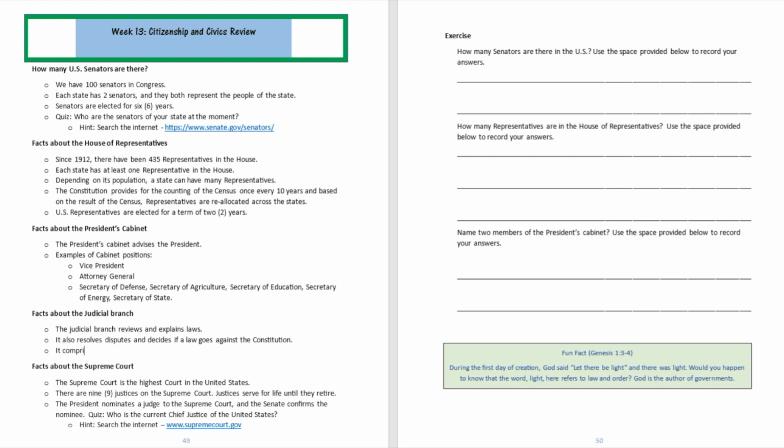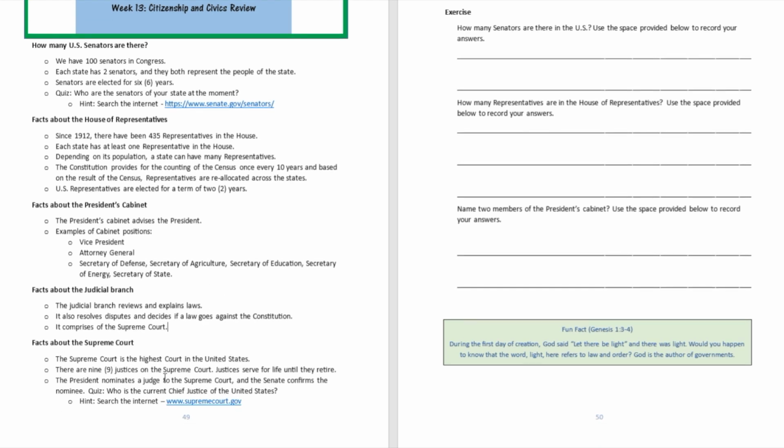It comprises the Supreme Court. Alright, so a couple of points about the Supreme Court then. So the Supreme Court is the highest court in the United States. There are 9 justices on the Supreme Court. Justices serve for life until they retire.